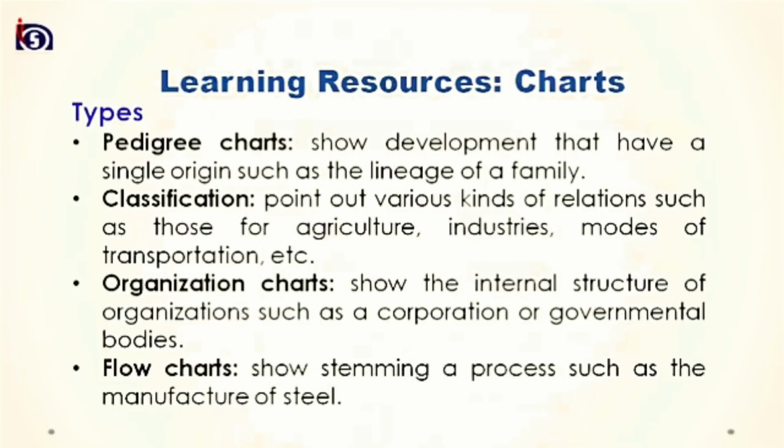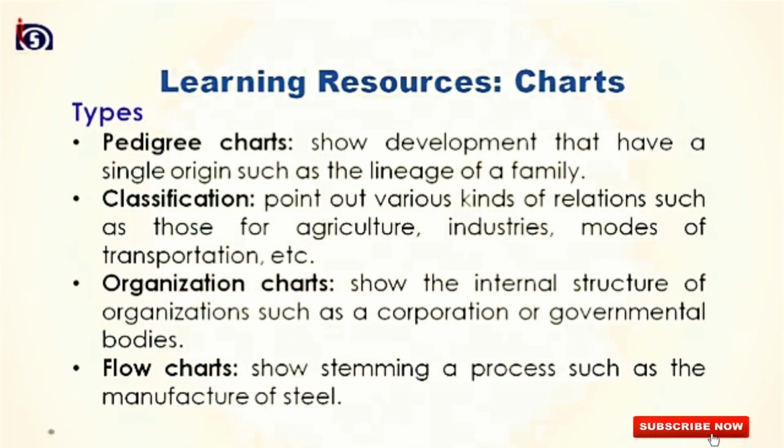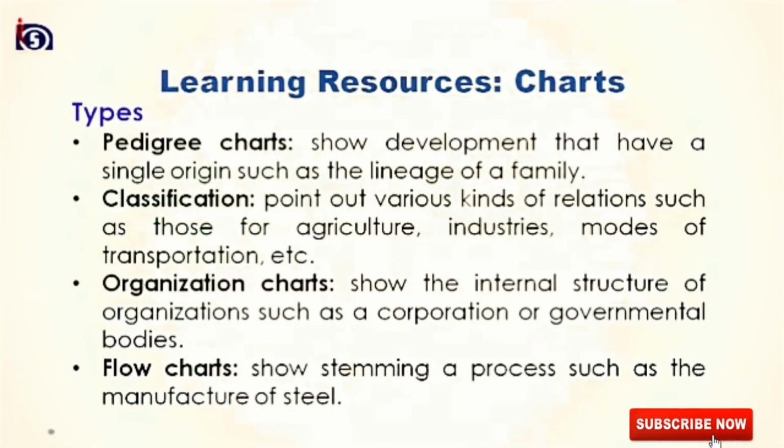Then we have pedigree charts. Pedigree charts show development that has a single origin, such as the lineage of a family, how a family is emerging and growing. If we are showing that, it comes under the pedigree chart. Then we have classification charts. Classification charts point out various kinds of relationships, such as those for agricultural industries, modes of transportation, etc. Then we have organizational charts.